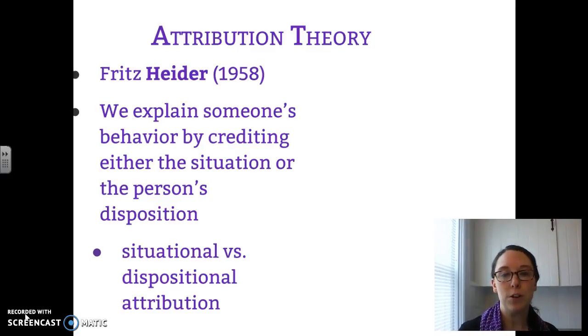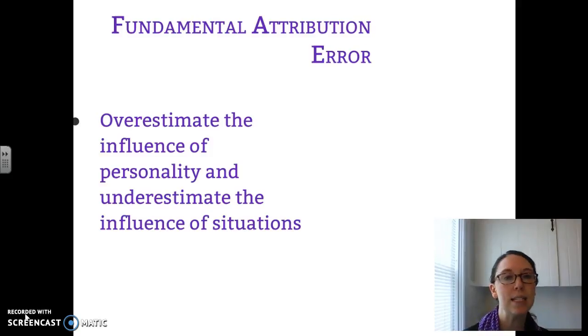Now, what attribution theory has shown us is we have a tendency to make a fundamental attribution error, or the FAE. And what the fundamental attribution error is, and it's something we make all the time, is even though we have this choice of either the situation or someone's personality explaining why they're doing what they do, more often than not, we credit their personality, even to the point where it no longer makes rational sense.